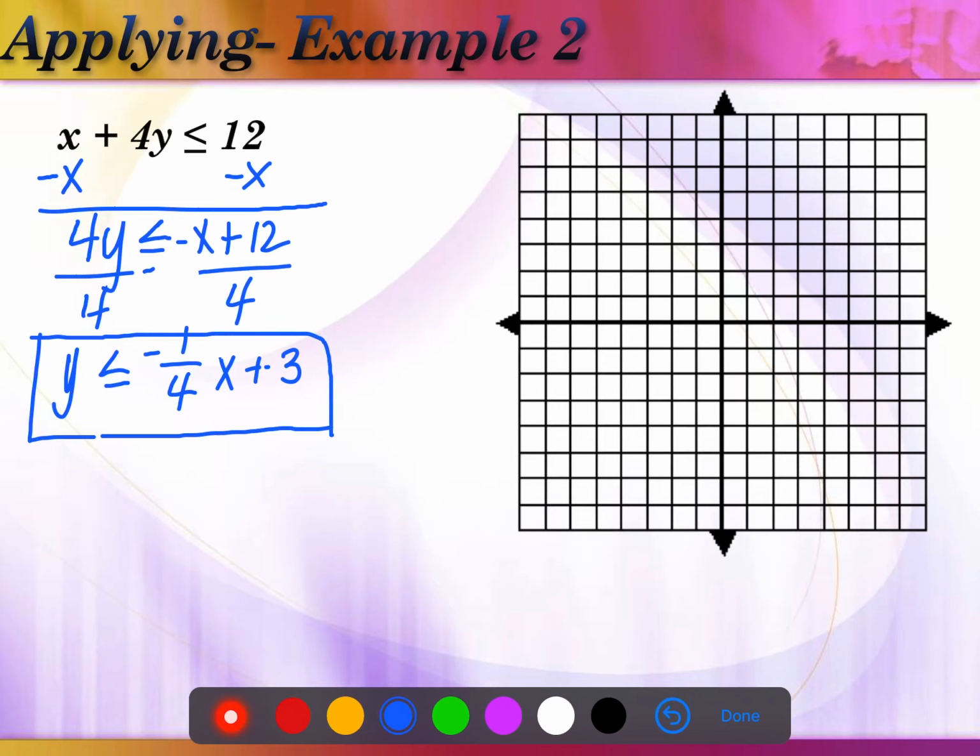Here is my equation. Let's graph that. Begin with your b and move with your slope. I'm going down 1 and to the right 4. And remember, I want to fill up the whole graph, so I'm also going to go up 1 and to the left 4.